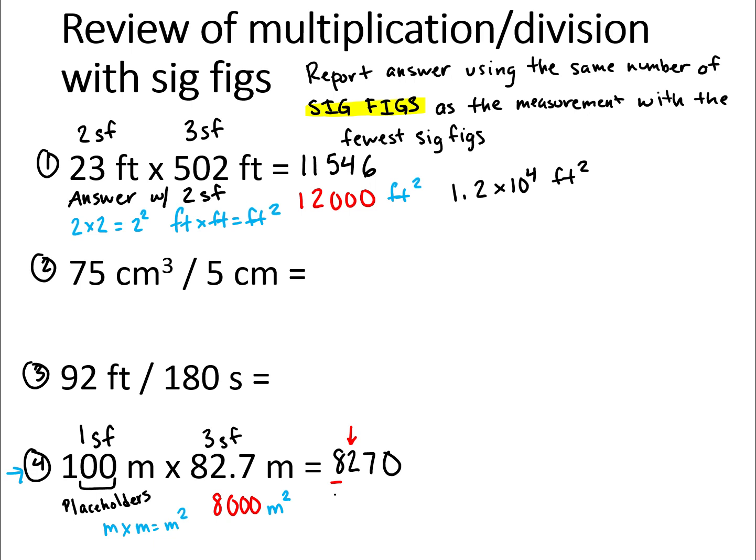And for number 4, you can just write 8 times 10 to the 3rd meters squared. Same thing. On your homework, it will usually specify whether or not you should use scientific notation or not. Generally speaking, scientific notation is going to be easier than using a decimal.